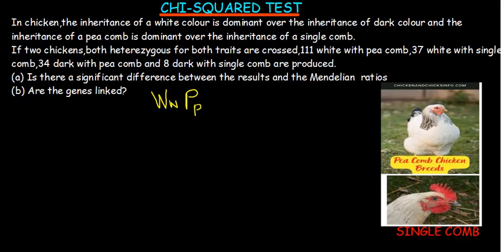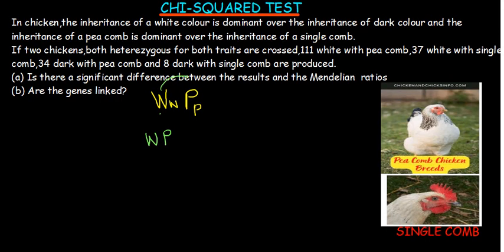Okay, so here what we are going to do is get the gametes for this individual. This is going to pair up with this, and then again this same capital W pairs up with that to form the gametes. So we are going to have capital W and capital P. That will be the first gamete.